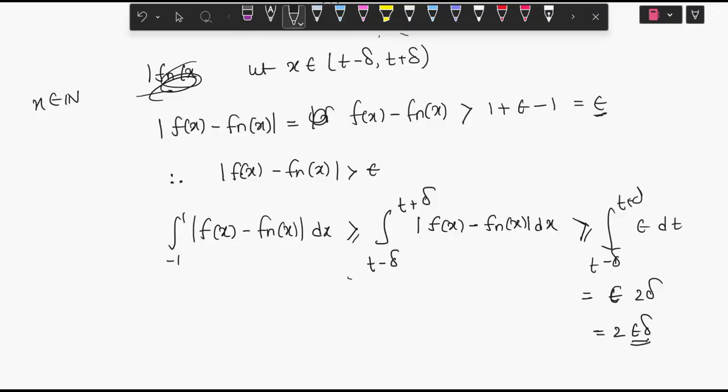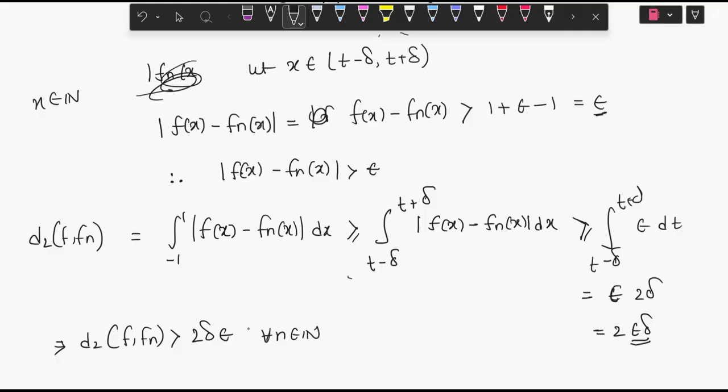Now as epsilon is fixed and delta is fixed, for any n belongs to natural numbers, our d2 of f comma fn is greater than 2 times delta epsilon for all n belongs to natural numbers, right?